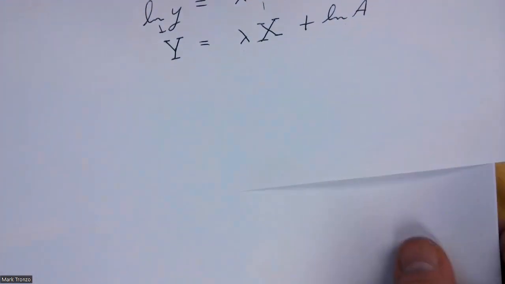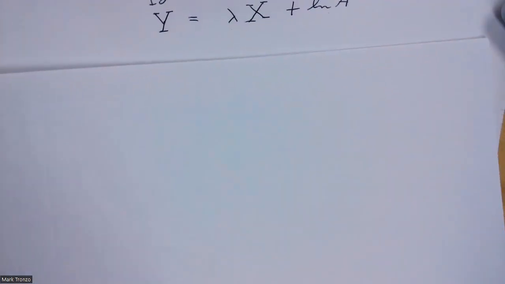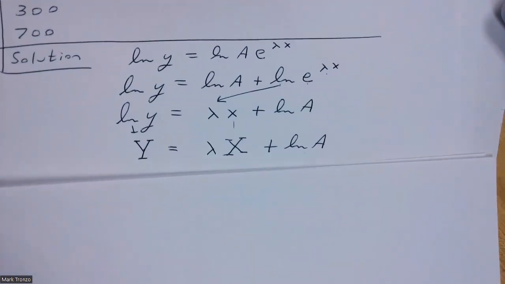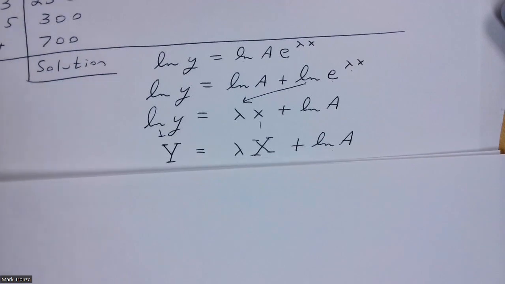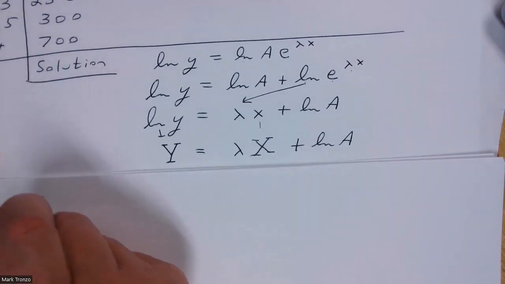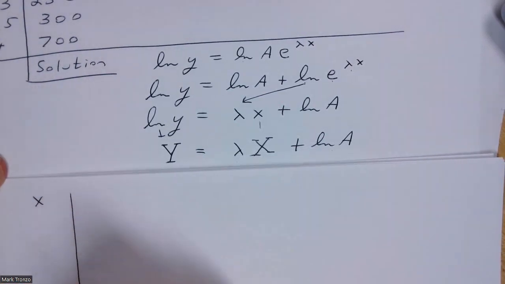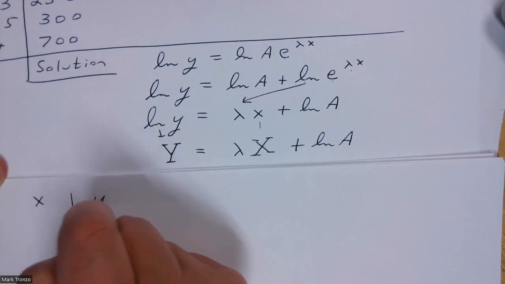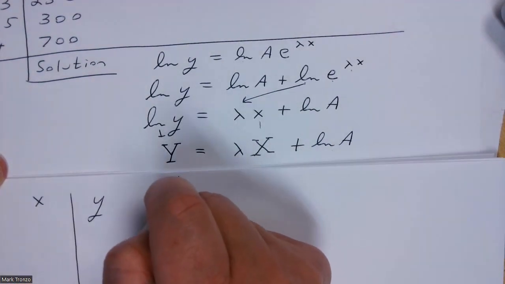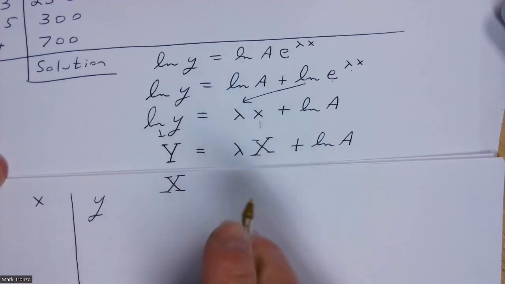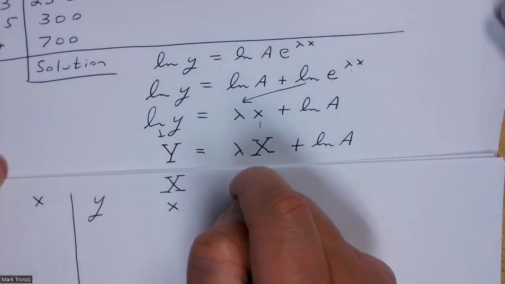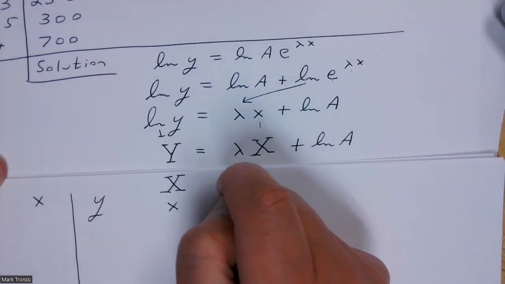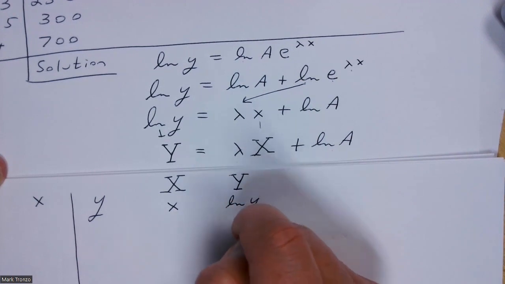So let's go through the same steps we did before and put our data together. We have x, y, and then our capital X, which in this case is just the same as our small x, and our capital Y, which in this case is going to be log y.